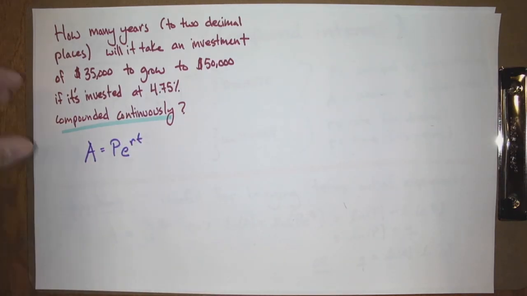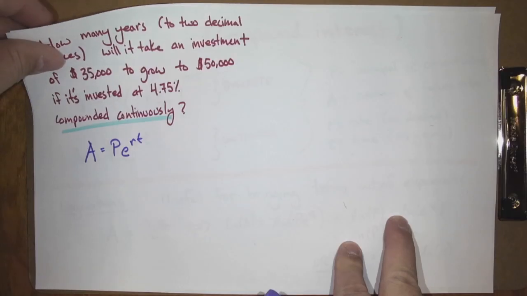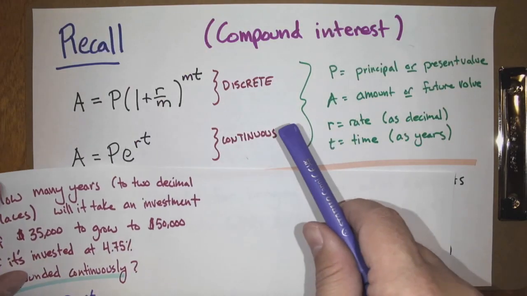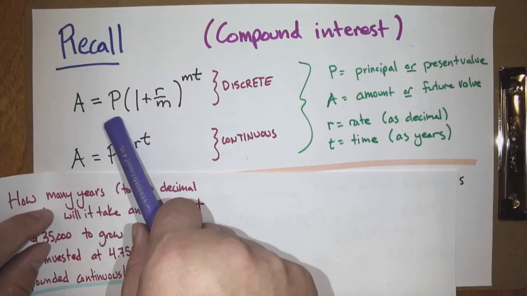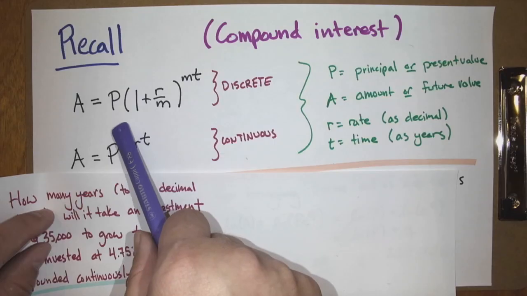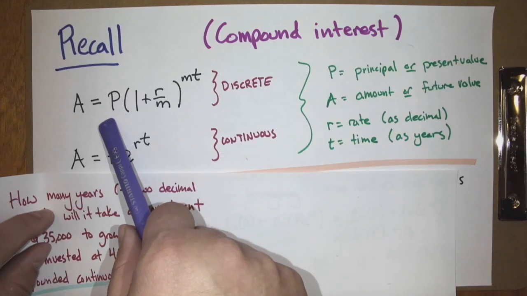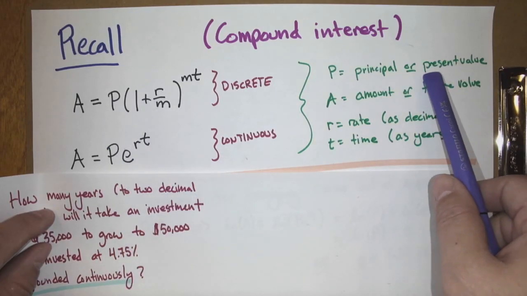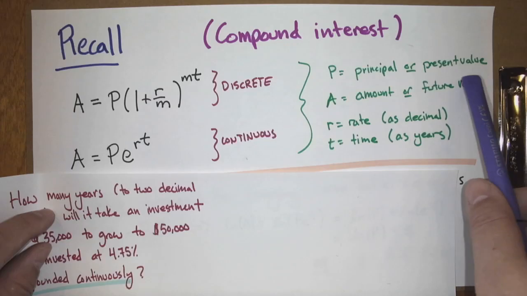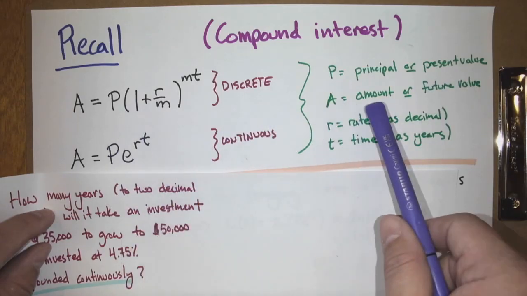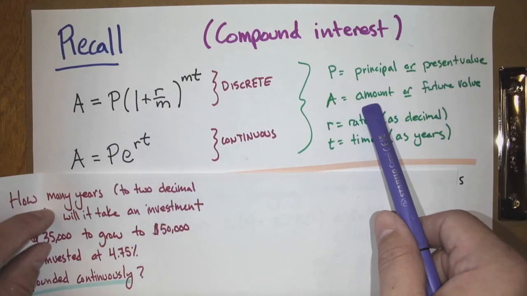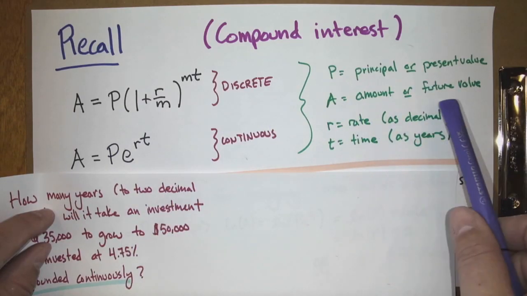And just as a quick callback, when we talk about P, that's your initial amount, how much you put in. Or sometimes you might call it the present value. What is it worth today? And A is, in some sense, the final amount or the future value.